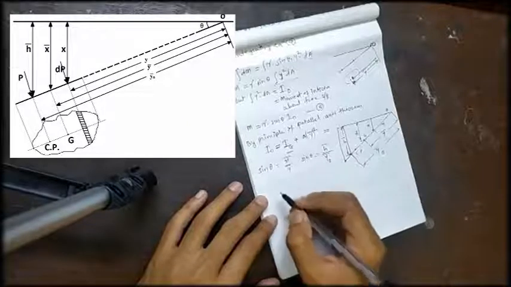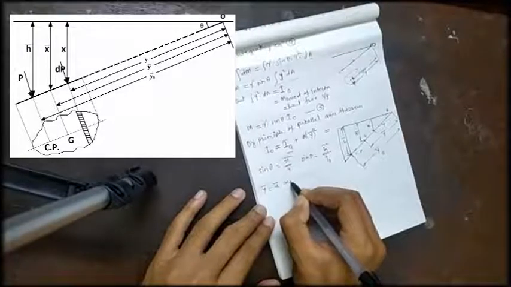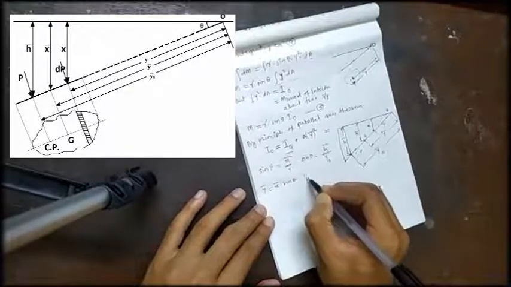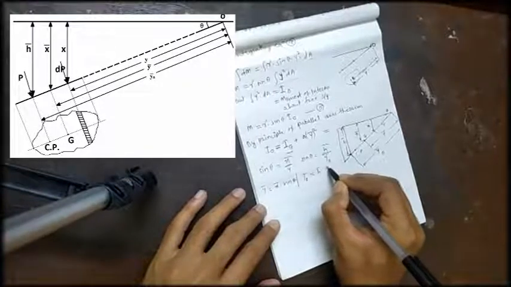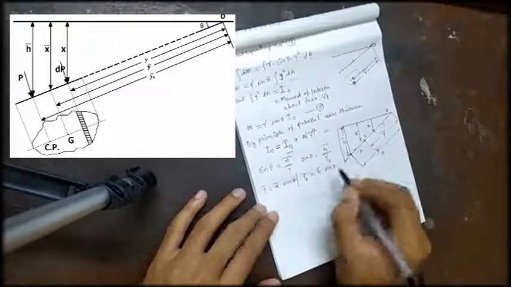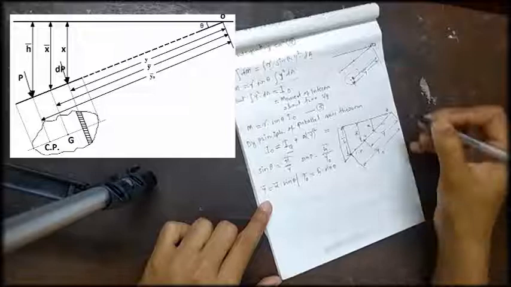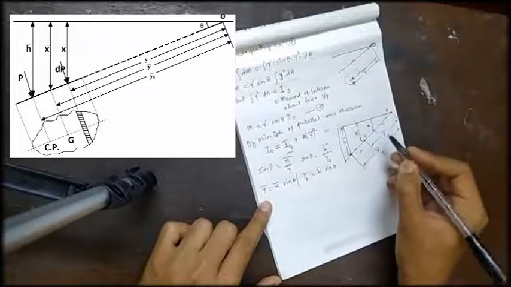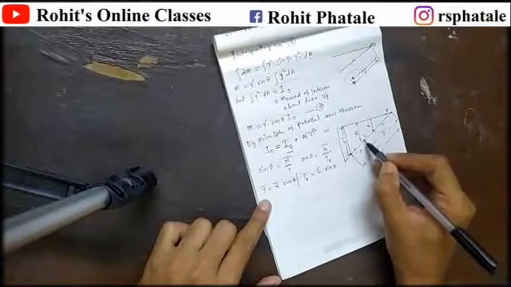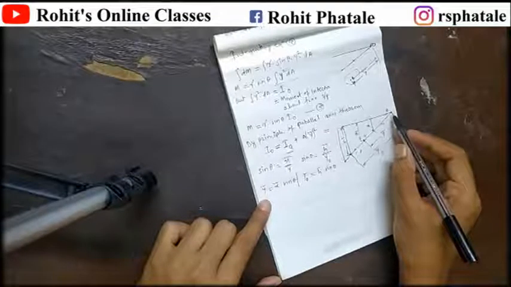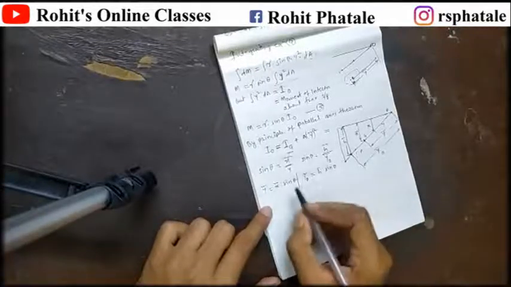Therefore we can write y bar is equal to x bar into sine of theta and yo bar is equal to h bar into sine of theta, okay. So these are the two lengths from O point. So first length is nothing but it is the length of G point or center of gravity point from the O, and second is center of pressure point from O, okay.